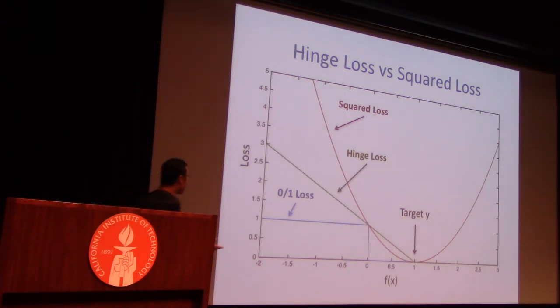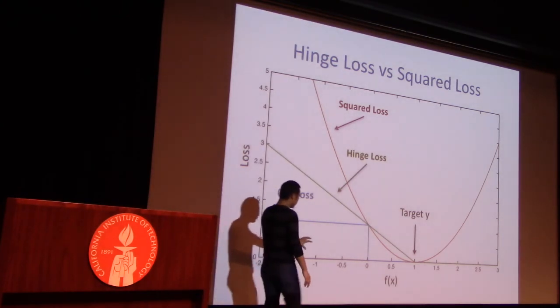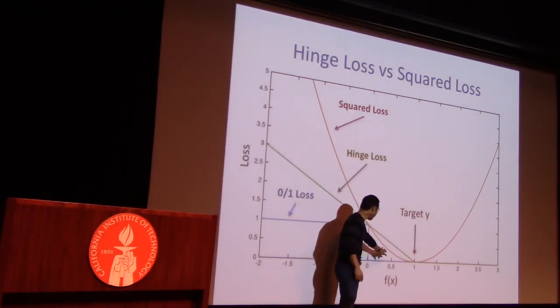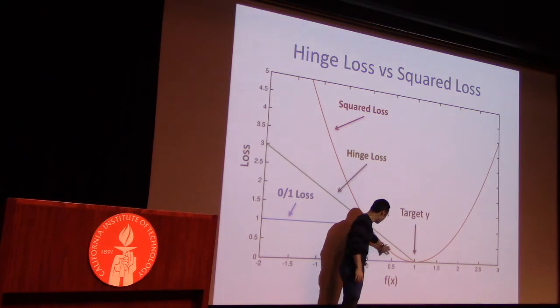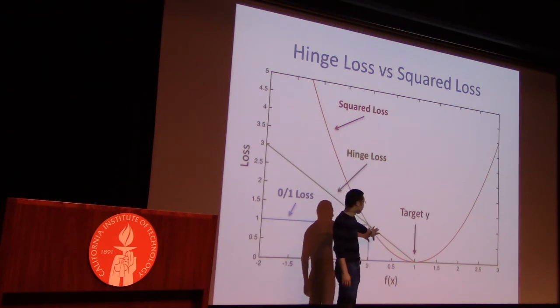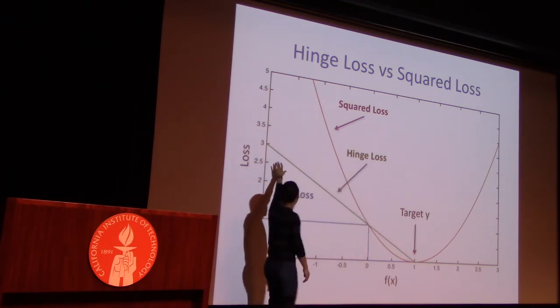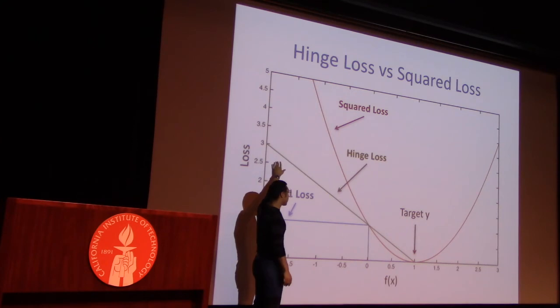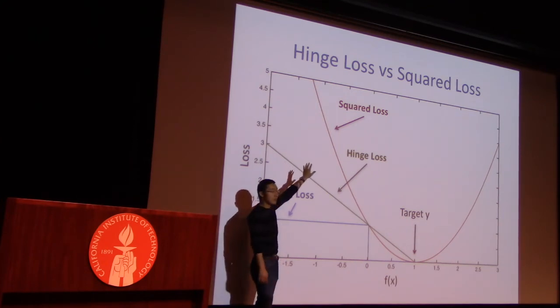Hinge loss says that if your model is at risk of classifying this data point incorrectly, we'll start increasing the loss. If your model gets it way off, the loss will increase linearly rather than quadratically.